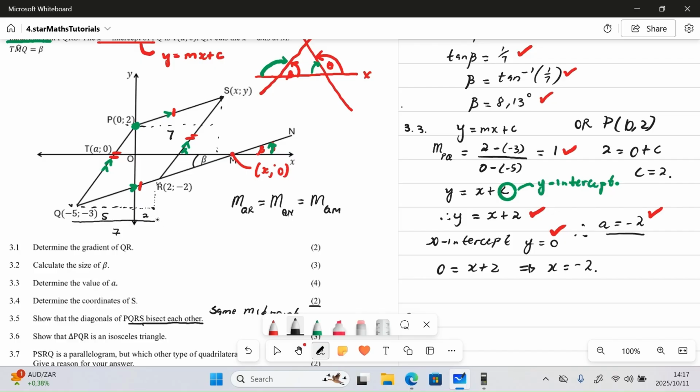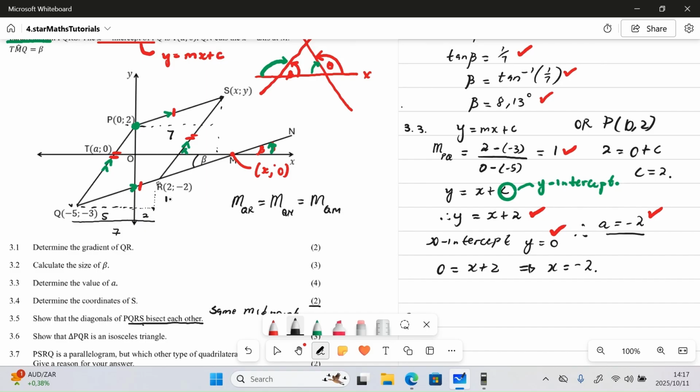Then what about vertical? From R to this point is going to be 1 unit, because from the x-axis to R is 2 units down, and from the x-axis to Q is 3 units down.